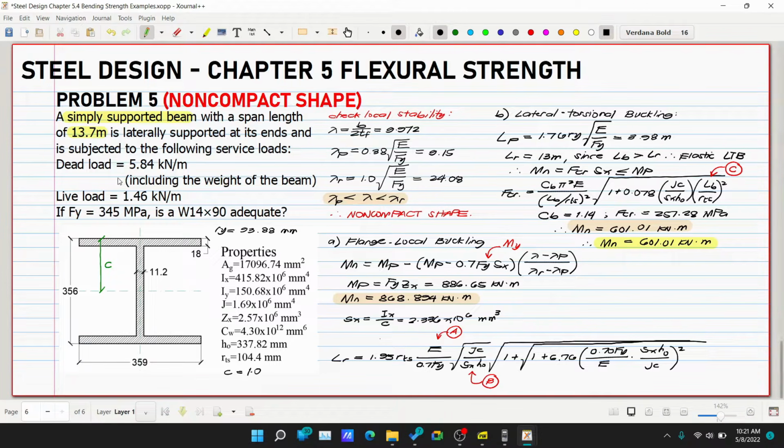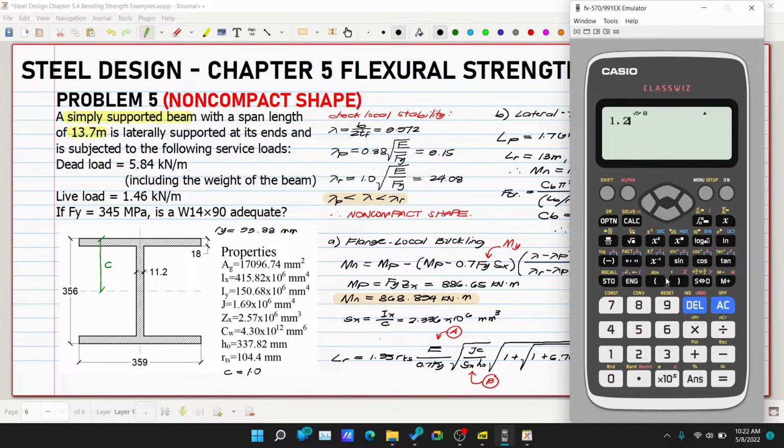So, kaparehas lang sa ating problem number 3, pero included na yung ating weight sa dead load. So ngayon, solve na lang natin yung ating WU. Ang ating WU is 1.2 WDL plus 1.6 of WLL. So 1.2 of 5.84 plus 1.6 multiplied by 1.46.